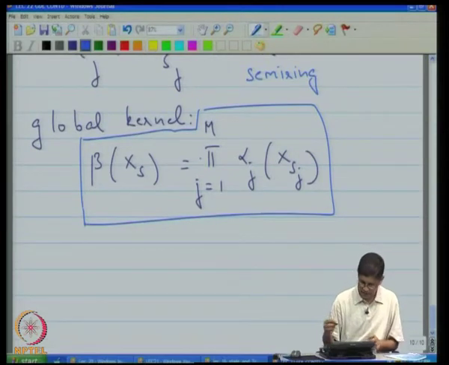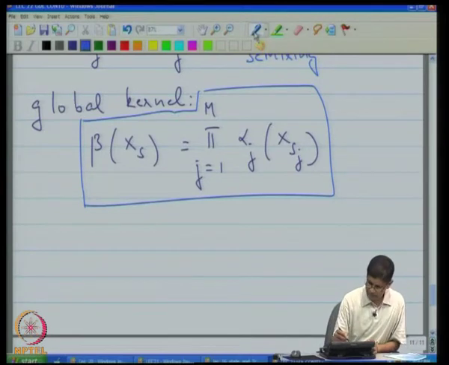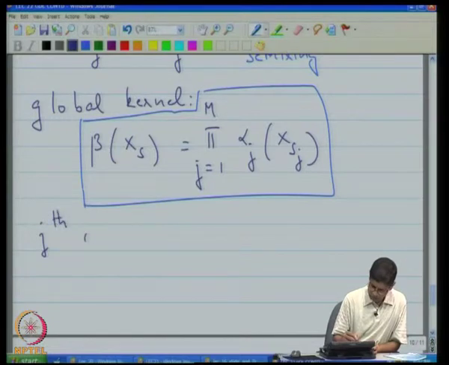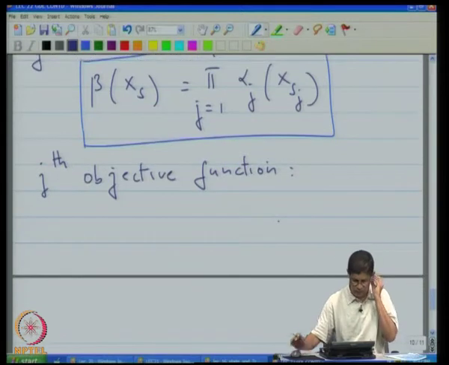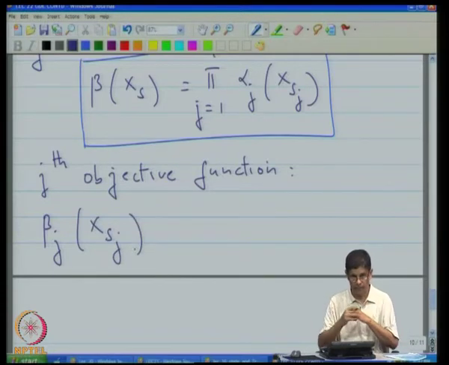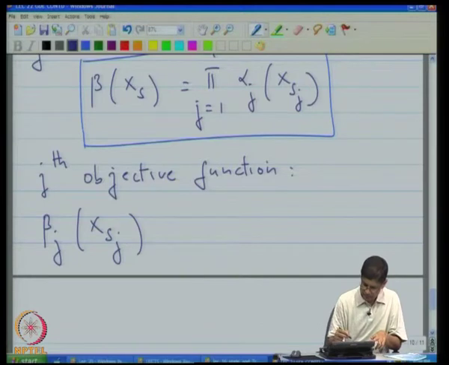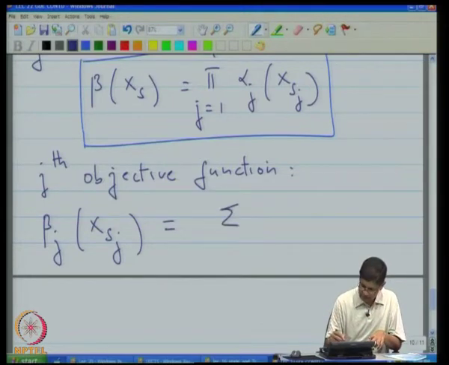And finally, we have something called the jth objective function. So, the jth objective function is beta_j of x_j. What is that? This is simply the marginalization.